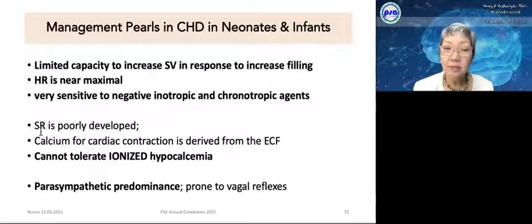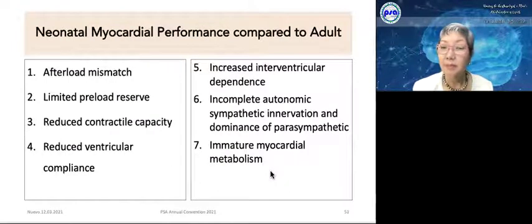Furthermore, the sarcoplasmic reticulum, which is the source of calcium, is poorly developed. So we need to check the levels of ionized calcium because they cannot tolerate hypocalcemia. There is definitely a predominance of the parasympathetic system because of the immature myocardial metabolism and immature autonomic nervous system innervation.